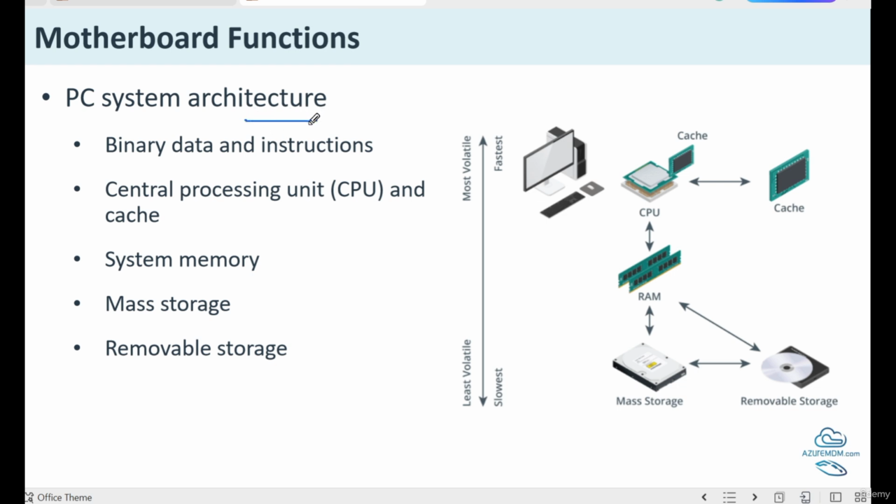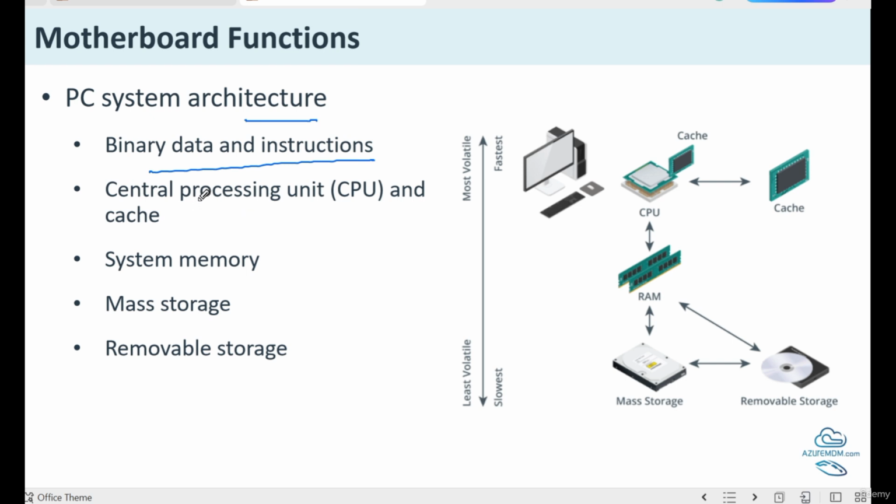It defines how components interact to execute the task. Number 2 is binary data and instructions. Computers process data and commands as binary, that is 0 and 1. Instructions are encoded in machine language for the CPU to execute the operation.